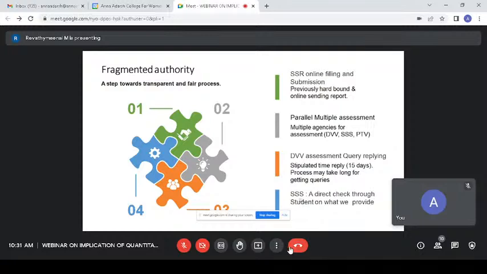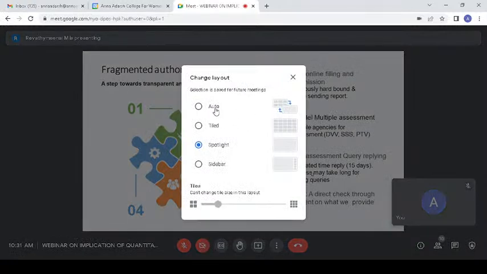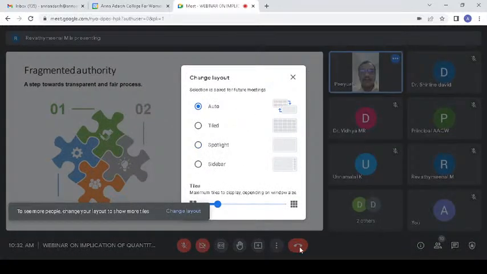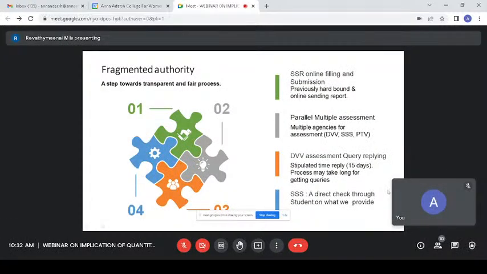So what we are talking about is what is being assessed through the students. In other words, we are being assessed by the NAAC, by the DVV team, by the students, and by the PTV. And the sum total of everything comes out as an NAAC result. And therefore, this authority who is assessing us is actually a fragmented authority working independently, and that makes the system different.